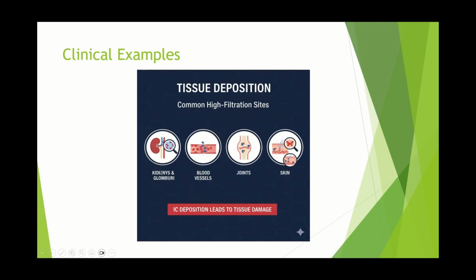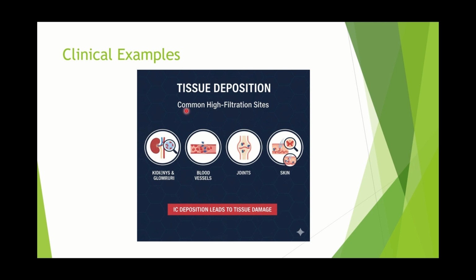The pathology begins when these complexes are formed in excess and cannot be cleared fast enough. Instead of being removed, they travel through the blood and get stuck or deposit in specific tissues.